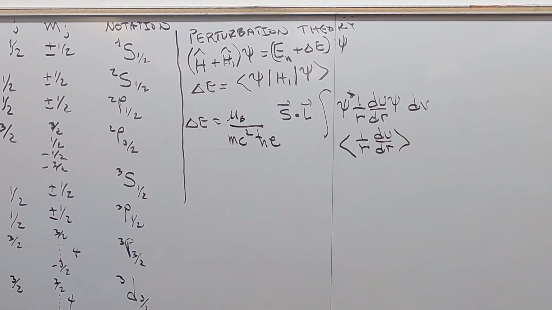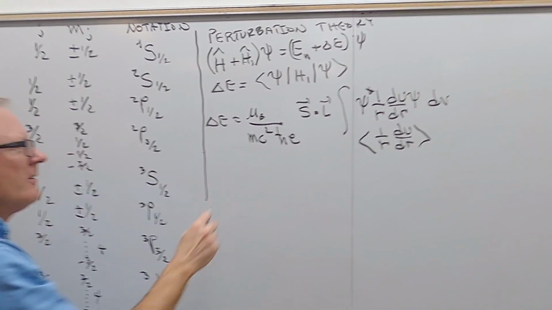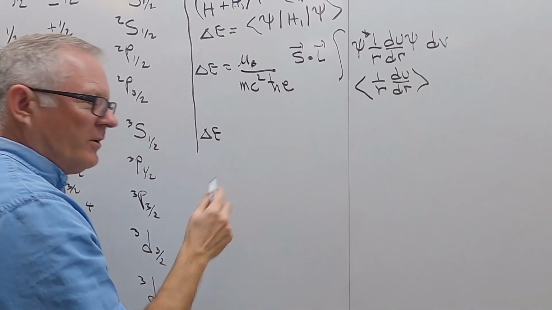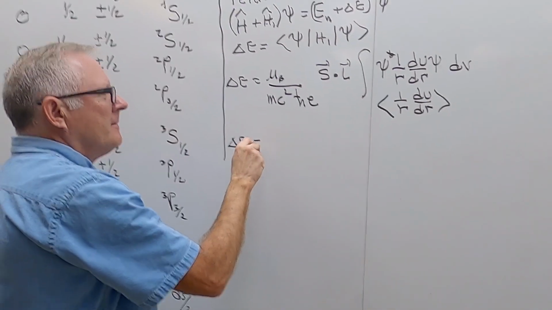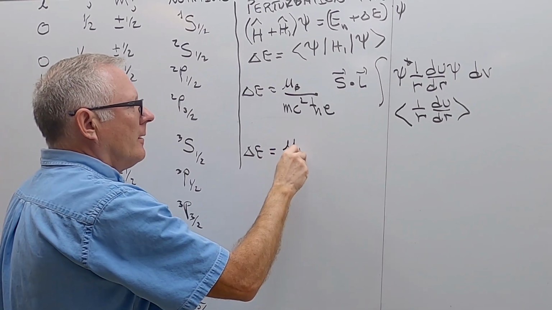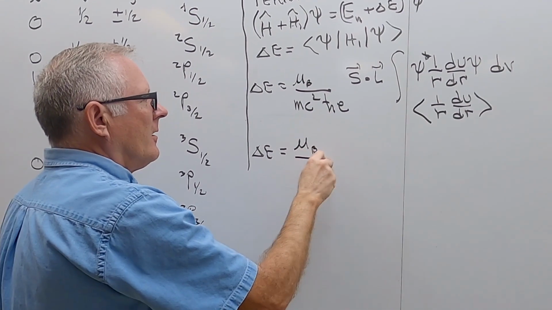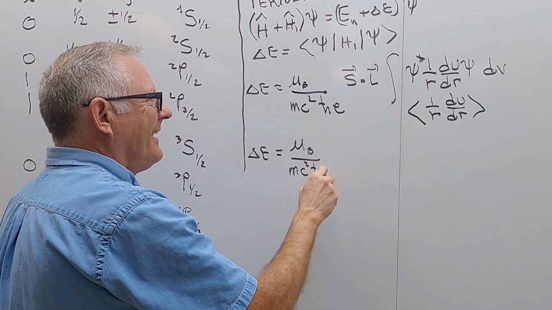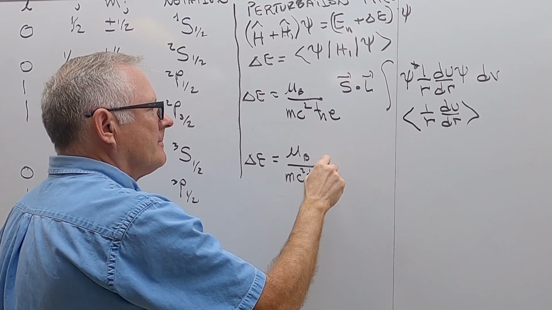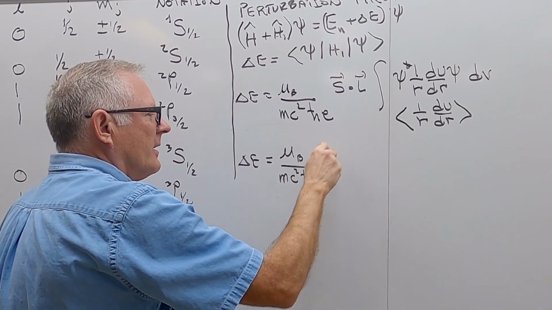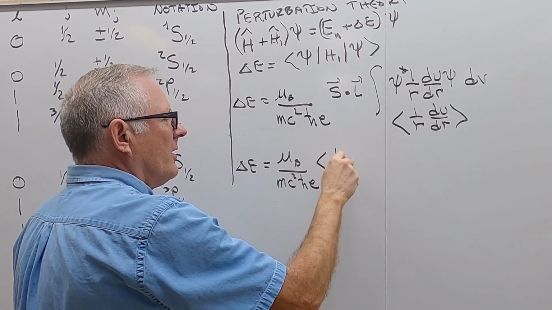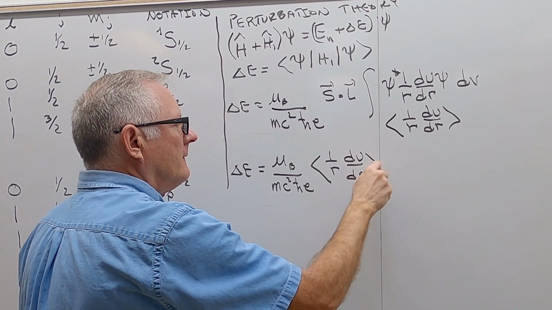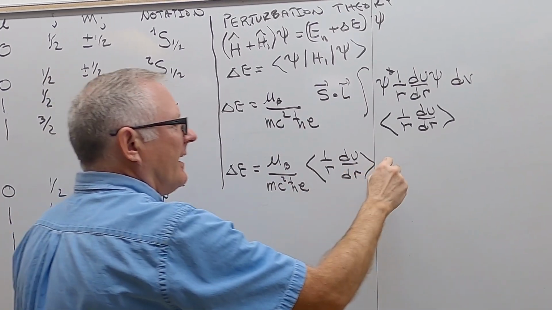So it looks like delta E, how much the energy is shifting from what we get from the Bohr, is mu B all over mc squared h bar E. We got this term, I'll just write it here next, 1 over r du dr, and then we have s dot l.